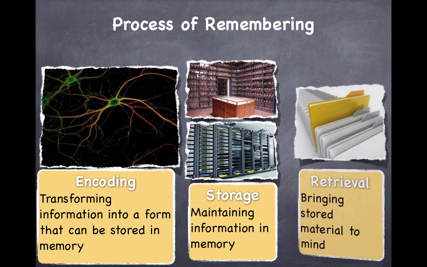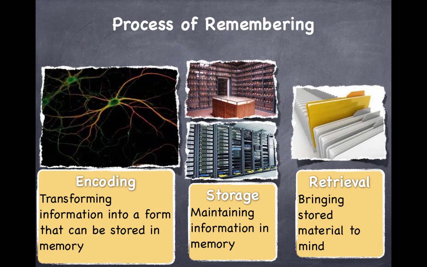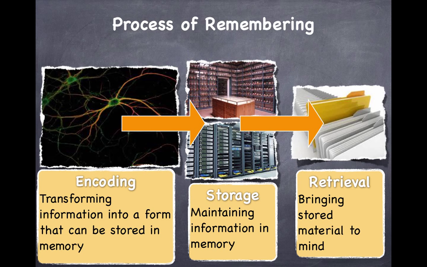And then lastly, we have retrieval, and this gives us access to that stored information and brings to mind the things that we need to know. Now, memory failure can happen at any one of these stages. So we're not limited to memory failure in the way we encode or in retrieval. Memory failure can happen at all 3 stages.